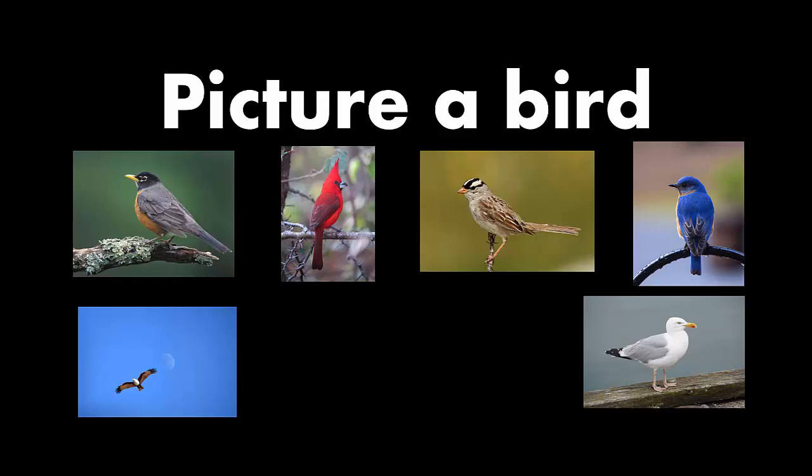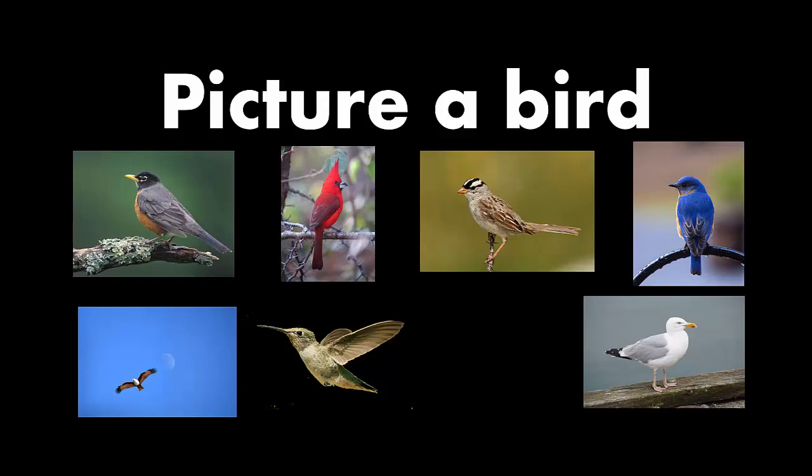Now, there's some things that all of these birds have in common. First of all, they all fly. We don't typically imagine a bird that is incapable of flight. Emus, ostriches, penguins, those aren't usually what we picture.